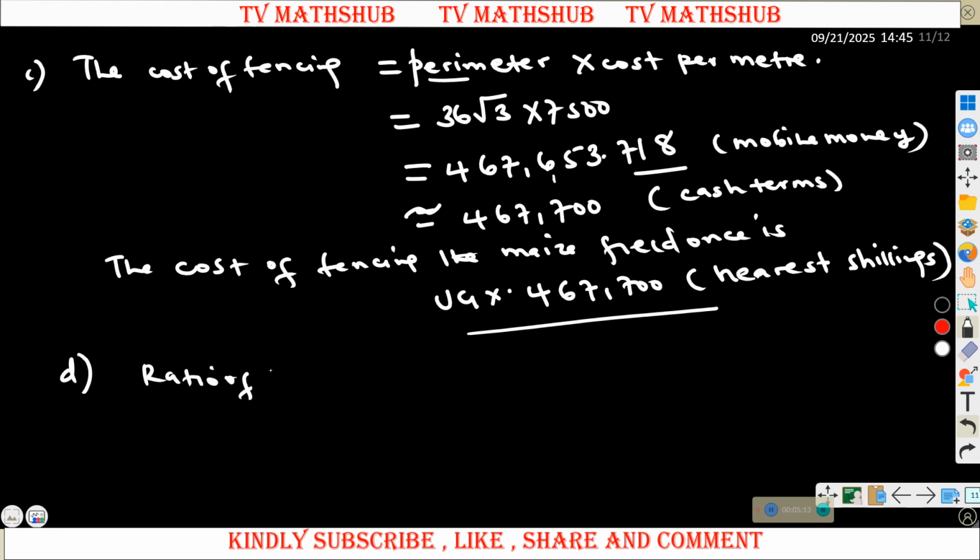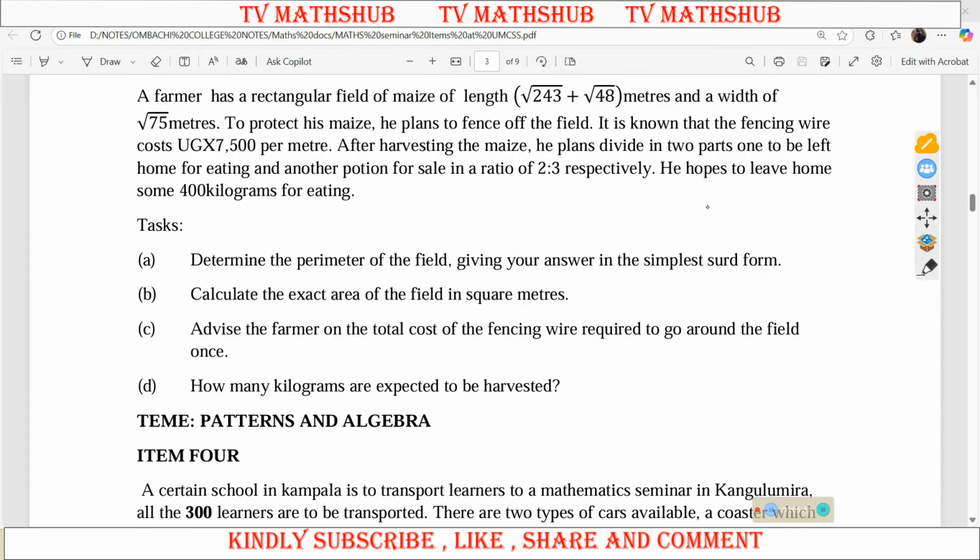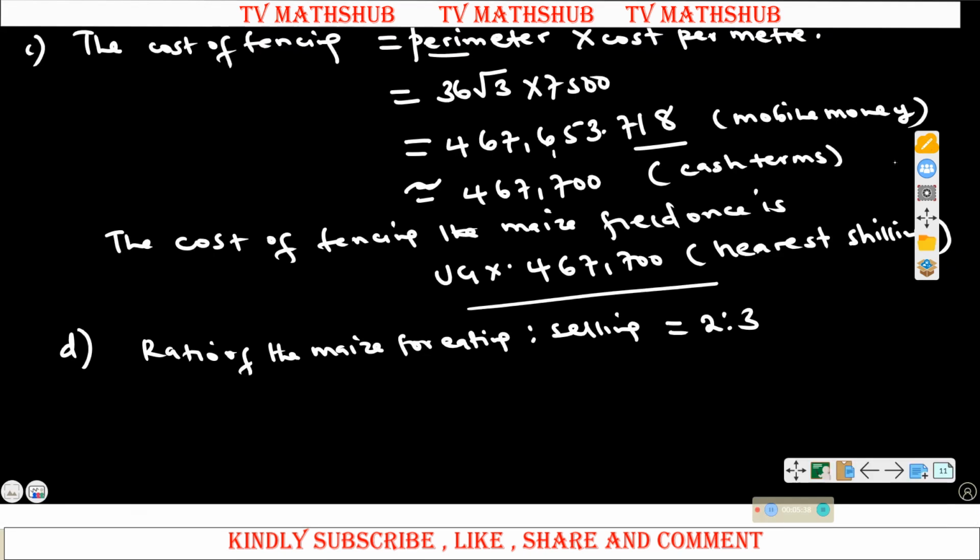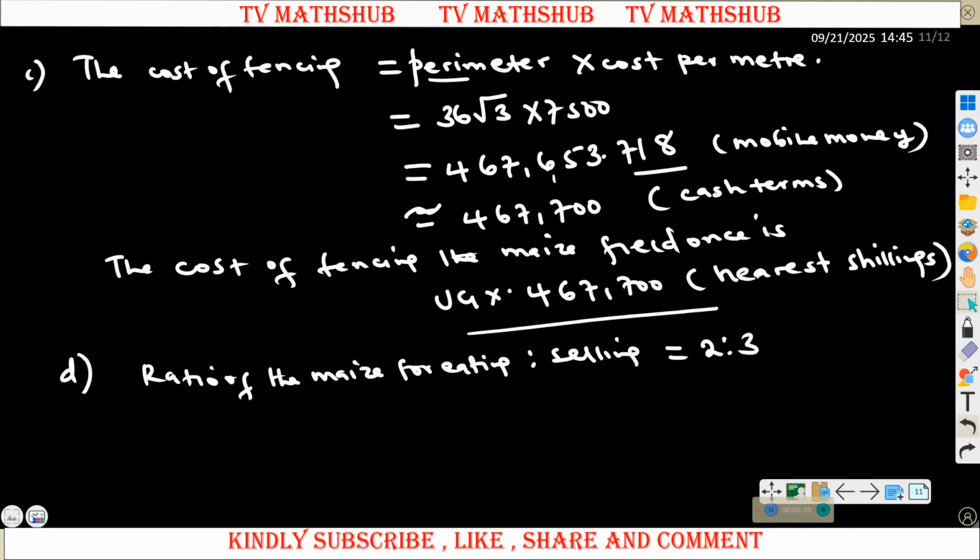We are given the ratio of maize for eating to selling, and that ratio is 2 to 3. But he hopes to leave home some 400 kilograms for eating.